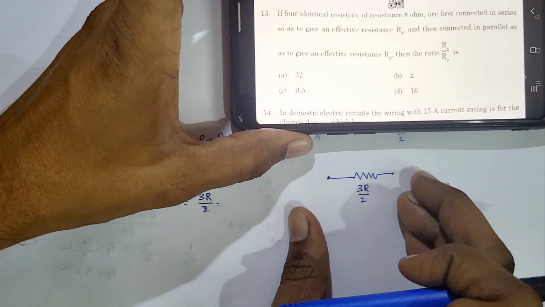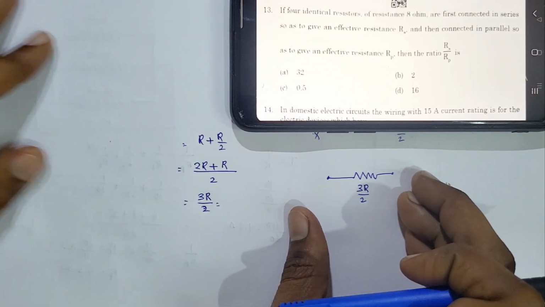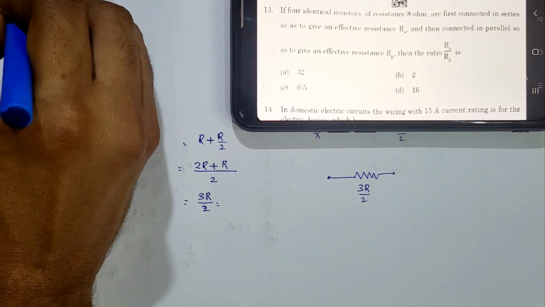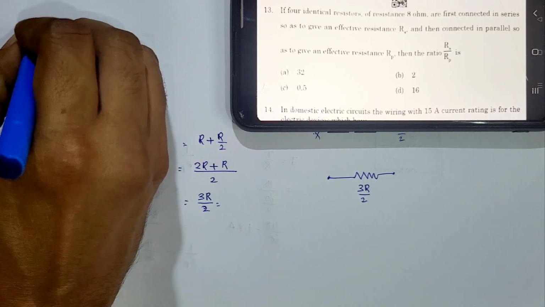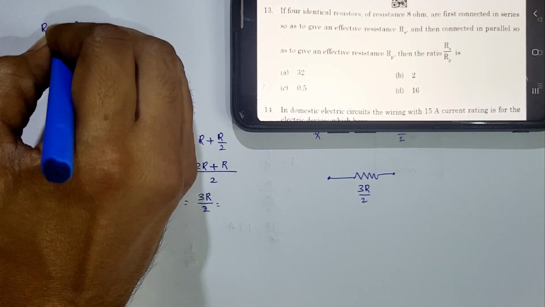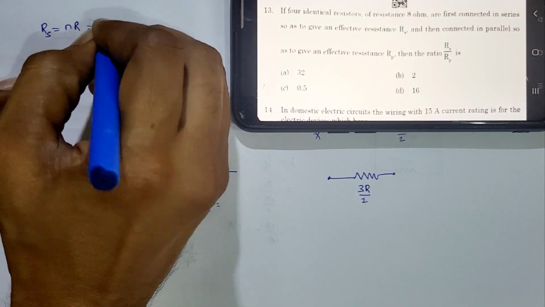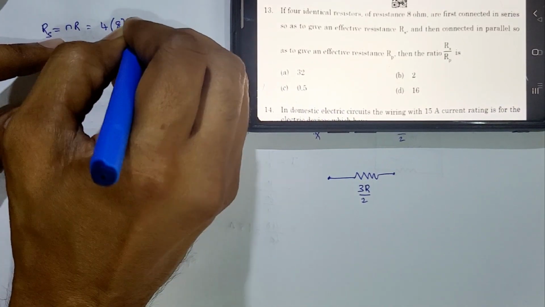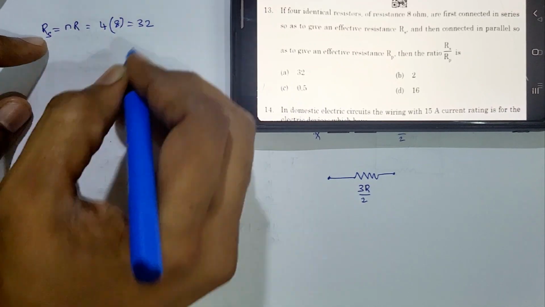Let us solve this question, a good question. Four resistors are there, each of 8 ohm, first connected in series. So Rs is equal to N into R. How many are there? 4 resistances are there. What is the value of each resistance? 8. 4 8s are 32. So Rs is 32 ohms.